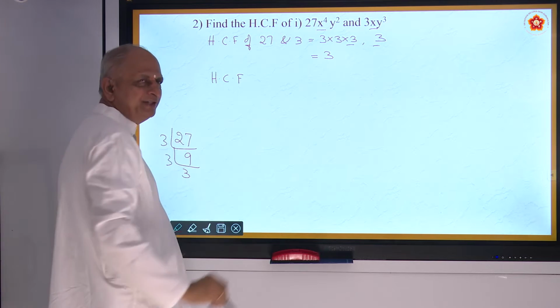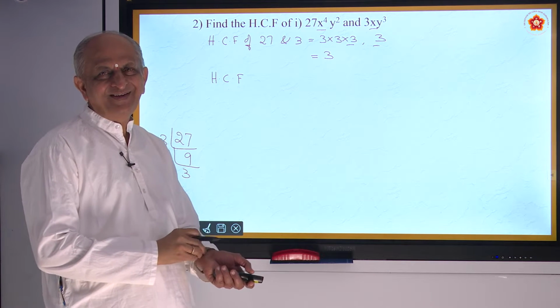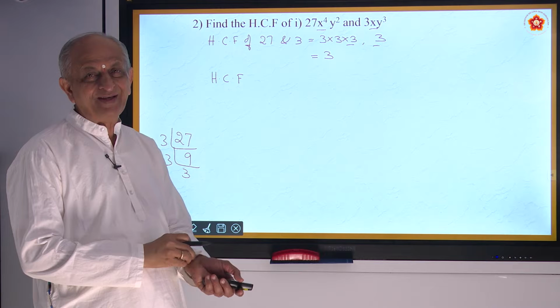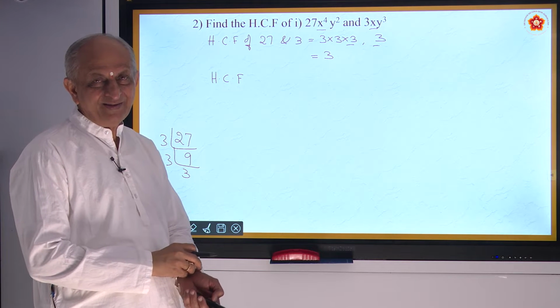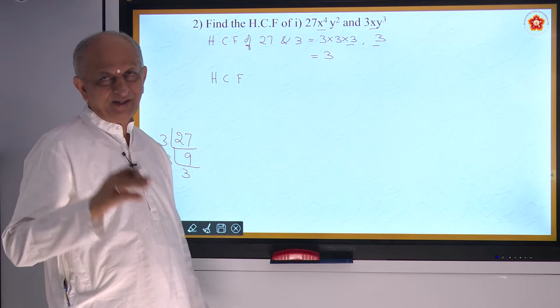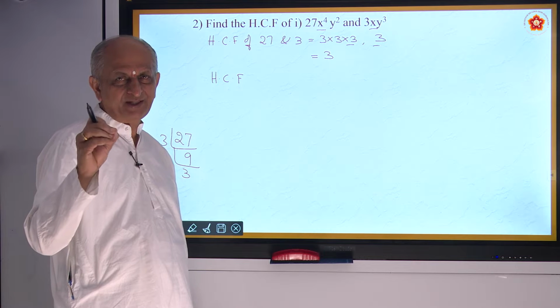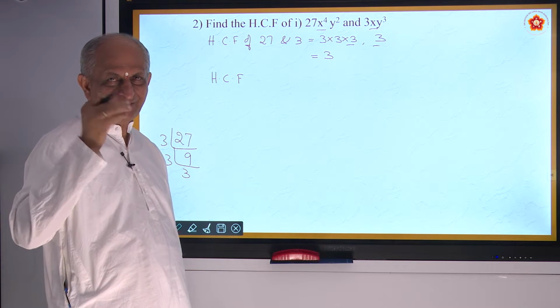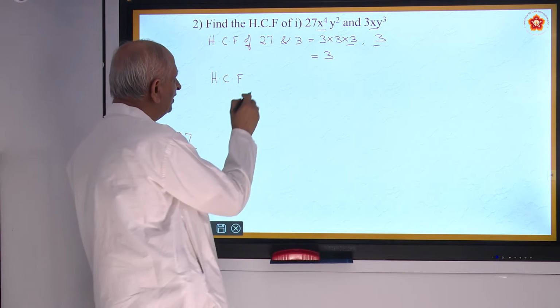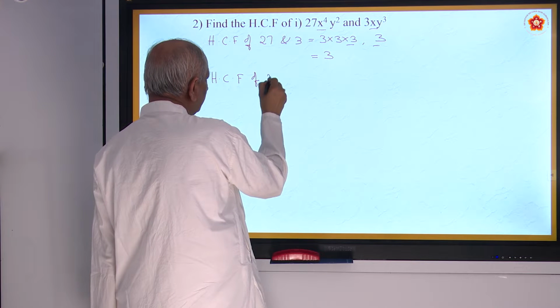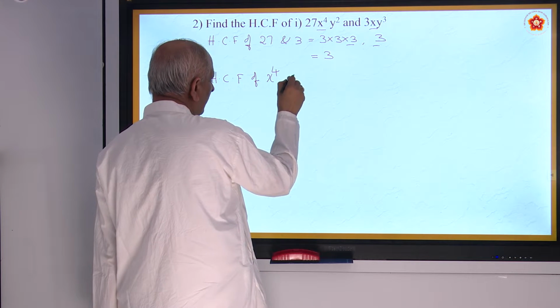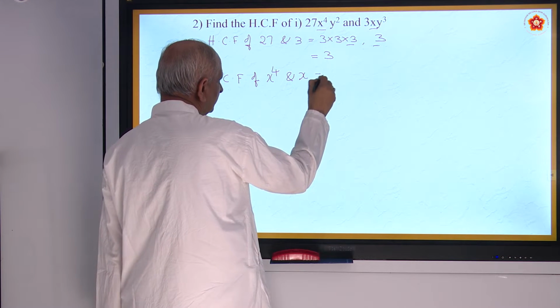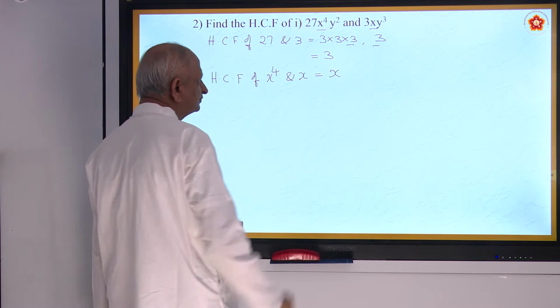Come on, what is the expansion of HCF? Highest, come on, common factor. Highest common factor. 10 times you must tell, otherwise you will get confused. So now HCF of x to the power of 4 and x is equal to x.